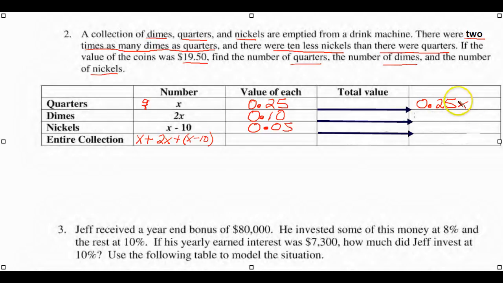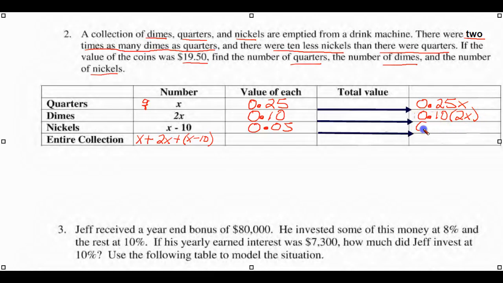That's the value of all the quarters. This is the number of quarters. This is what each one is worth. Now for dimes, it's going to be 0.10 times 2x, because this is the number of dimes.